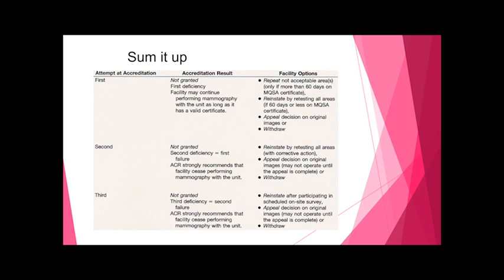So you retake the images, you go to send them back in, and they still don't like them. That becomes your third deficiency, second failure. And you definitely have to cease performing mammography with that unit. And then you can get in trouble.